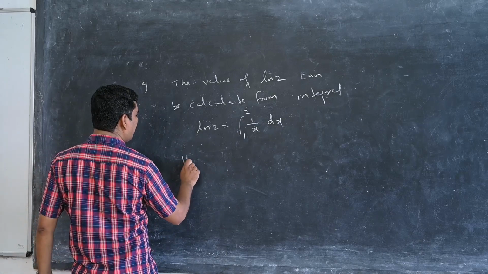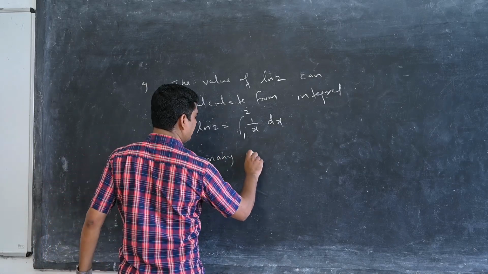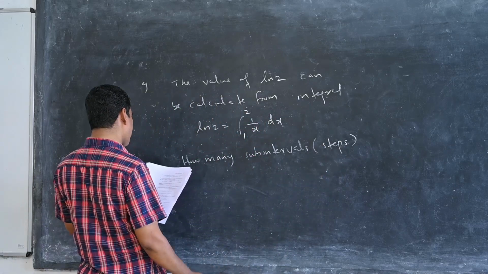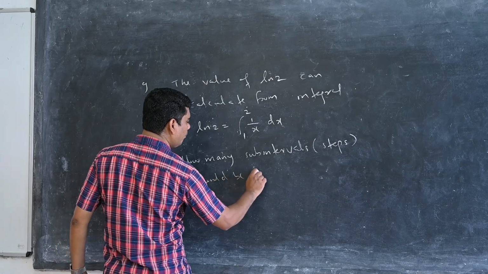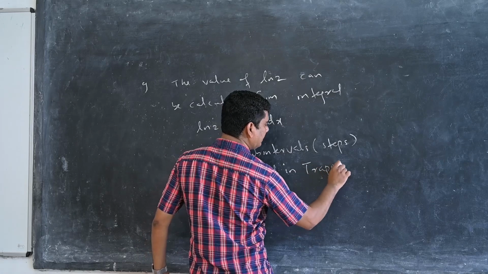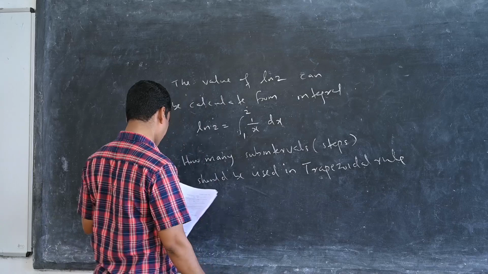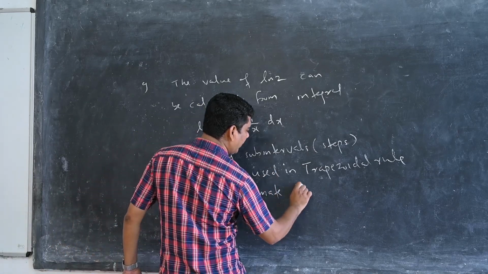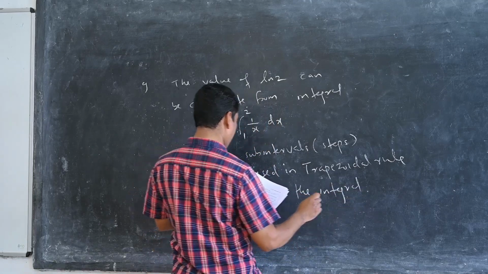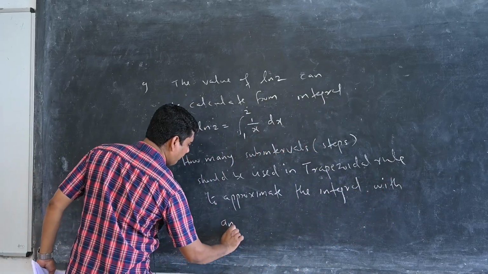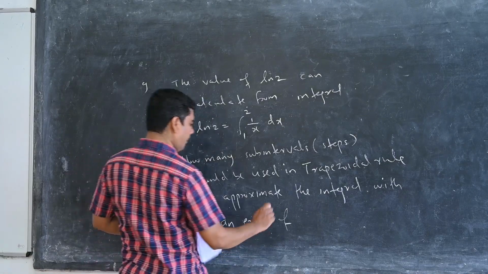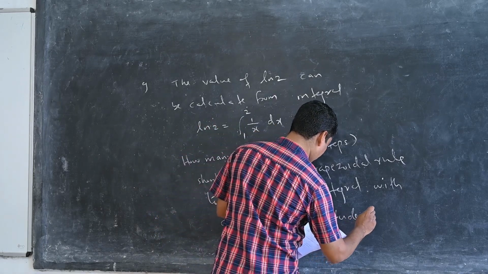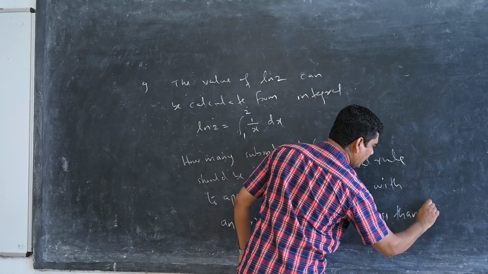Now the question is, how many subintervals or steps should be used in the trapezoidal rule to approximate the integral with an error of magnitude less than 10 raised to minus 4?